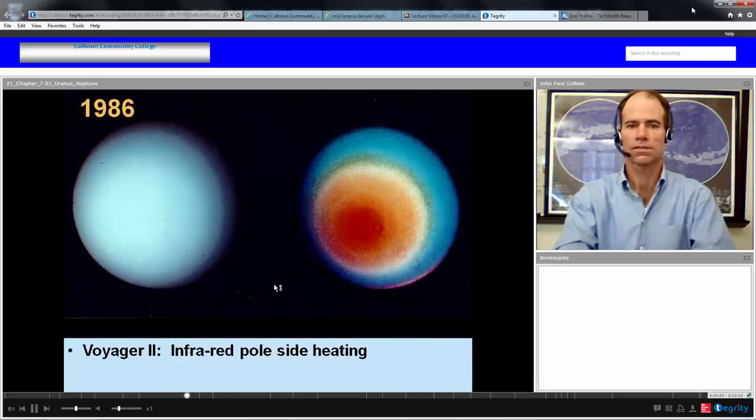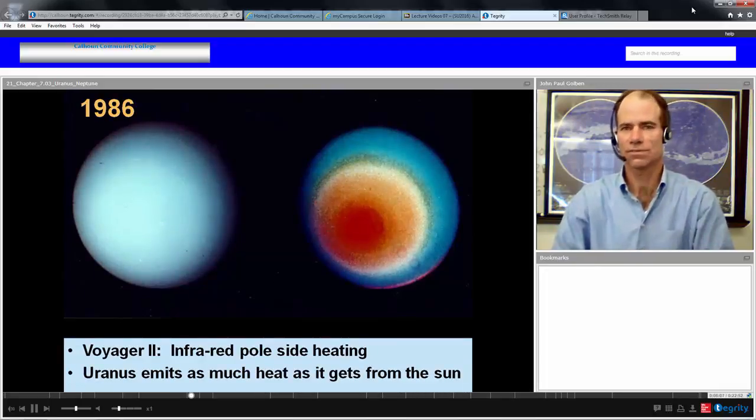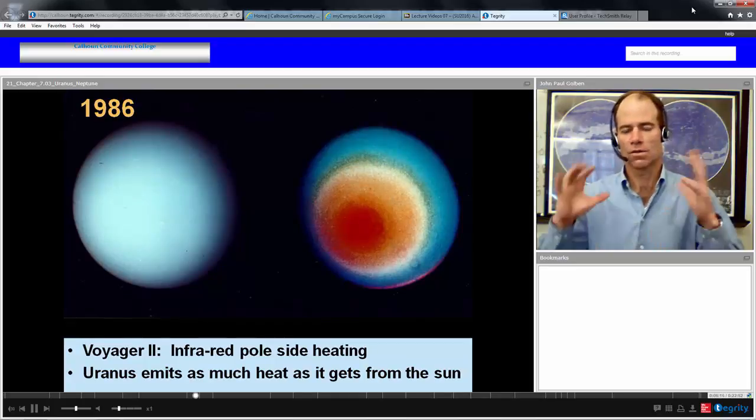Here's how it looked in 1986 from Voyager 2. Incidentally, Uranus emits as much heat as it gets from the sun, so there's no internal heat source for the planet. It's the only Jovian that does that, where it's emitting just as much as it gets.